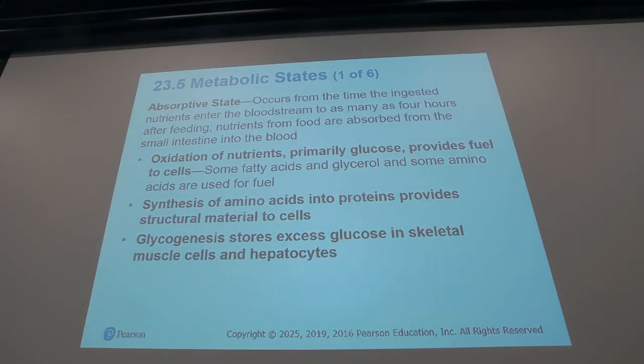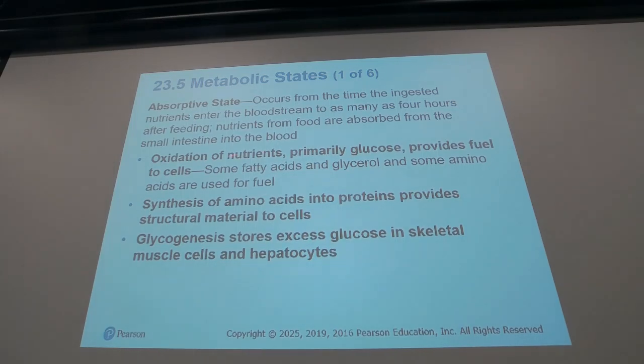So the carbohydrates, the lipids, the proteins that we ingest undergo oxidation, and most of them will be converted into glucose if necessary for providing glucose to the cells in our body that use it the most, like the brain.